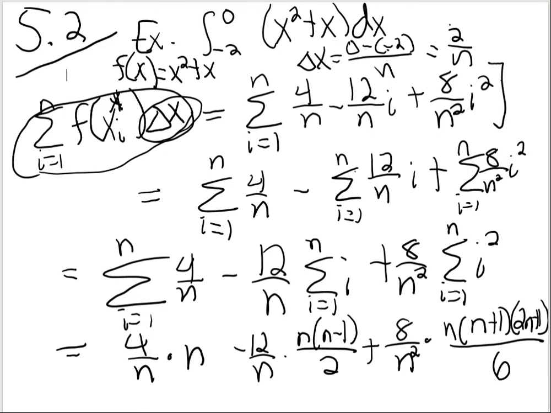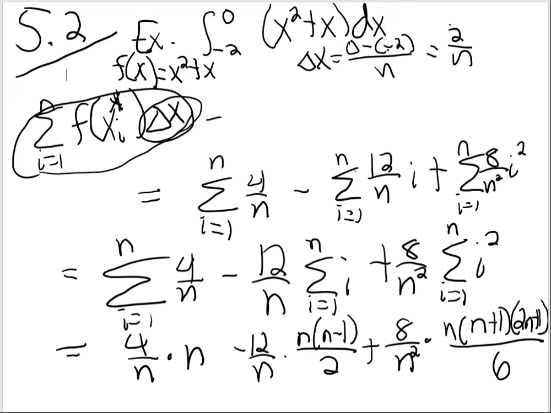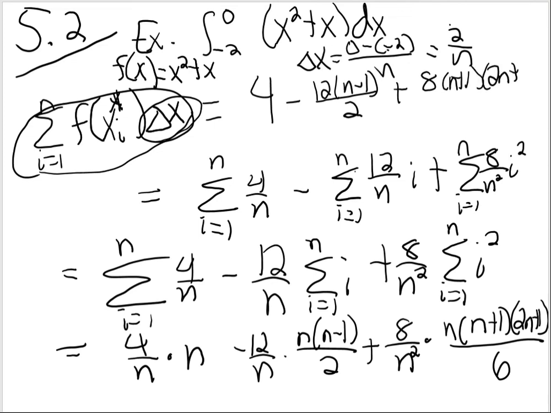And we can simplify this even further. Just do some algebra at this point. What do we get? We get 4 minus 12 n minus 1 over 2, plus 8 n plus 1 to n plus 1 over 6n.